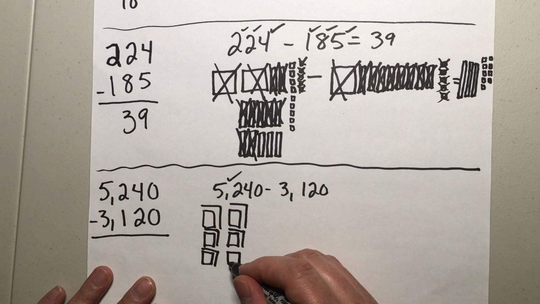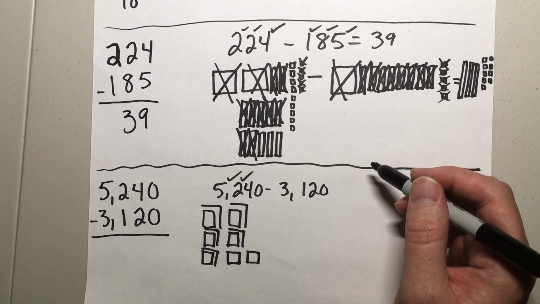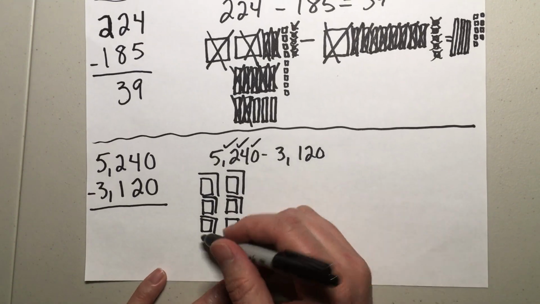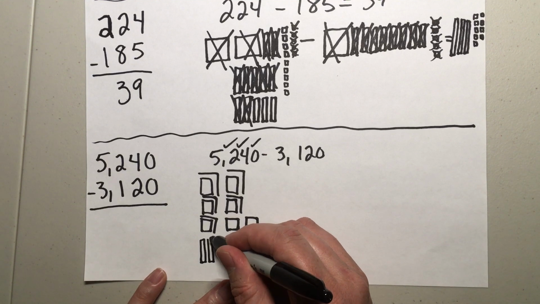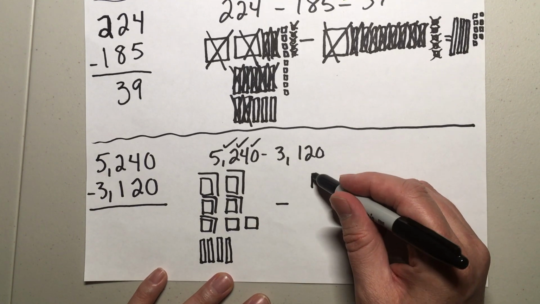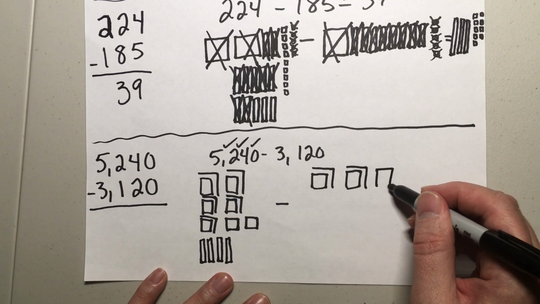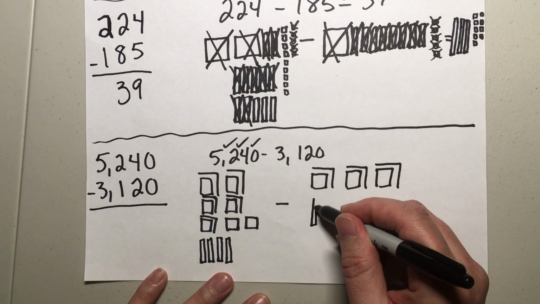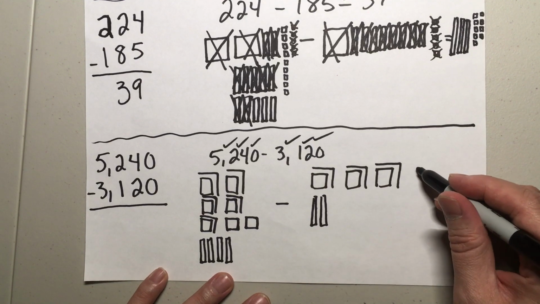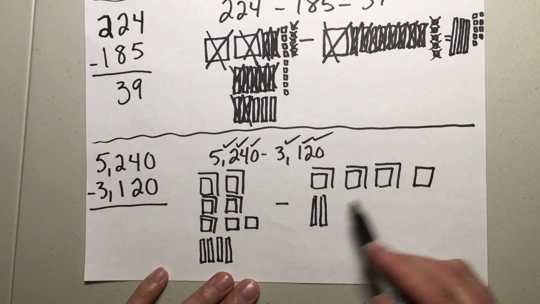When you start working with those higher numbers, it does pay to make a check mark by the numbers you're working with. $3,120.